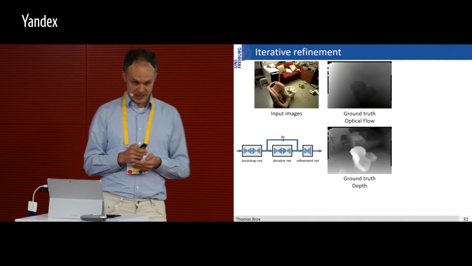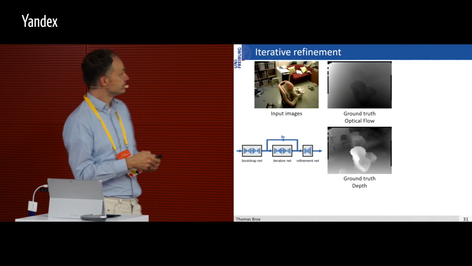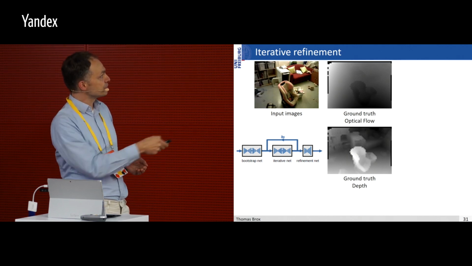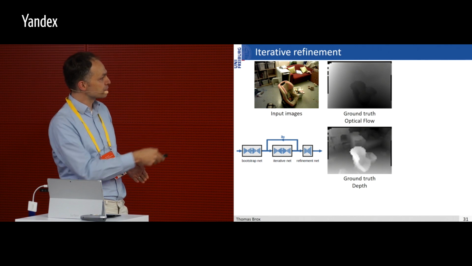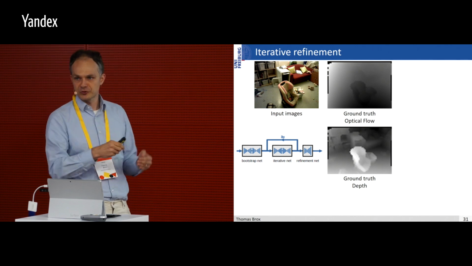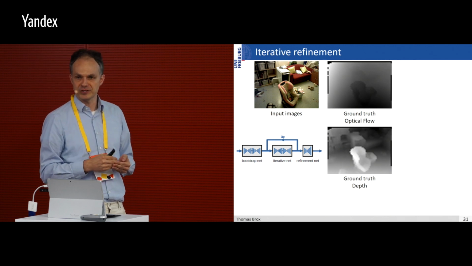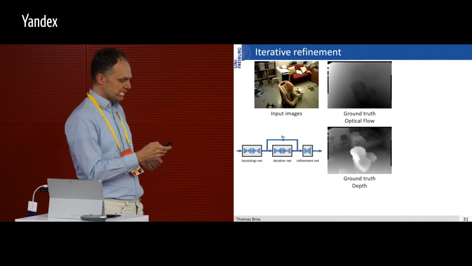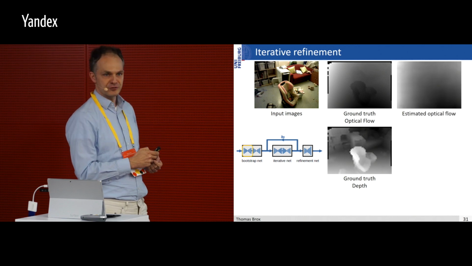Yeah, and here you see how that works, this iterative process. So here are the two images, and here you see the optical flow ground truth, and here the depth ground truth. We trained that on images from the Kinect camera, for which you get the depth map. And then that's the first prediction of the optical flow network.